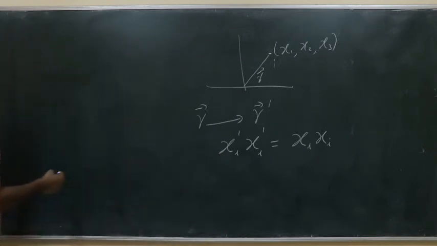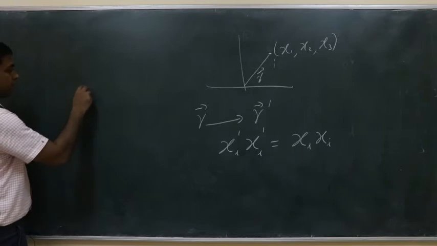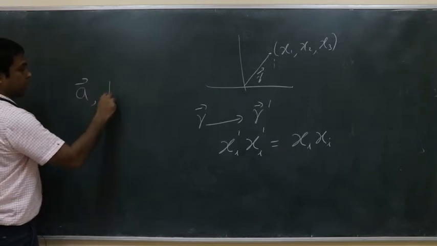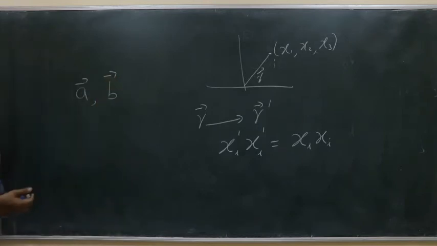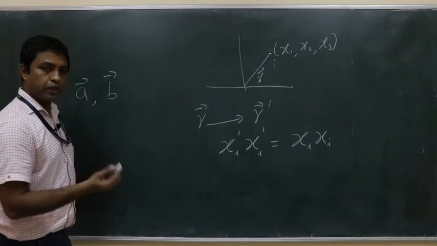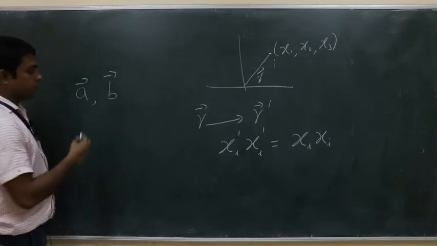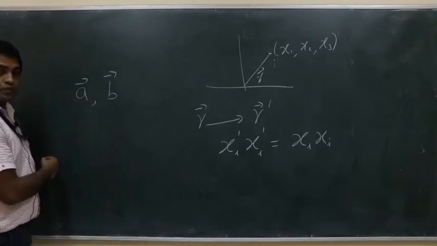Before that, I just want to tell you, suppose I have a vector A and vector B. What is the dot product of these vectors? We are talking about the dot product in 3 dimensions.